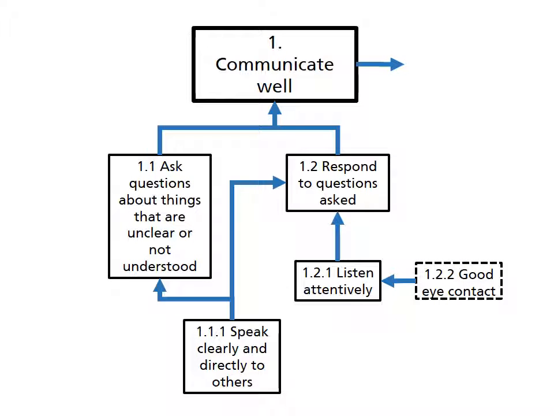The skills that are directly subordinate to communicate well, because communicate well is goal step number 1, I numbered 1.1 and 1.2. And then, for example, because listening attentively is subordinate to respond to questions asked, which I numbered 1.2, I'm going to number listen attentively as 1.2.1.